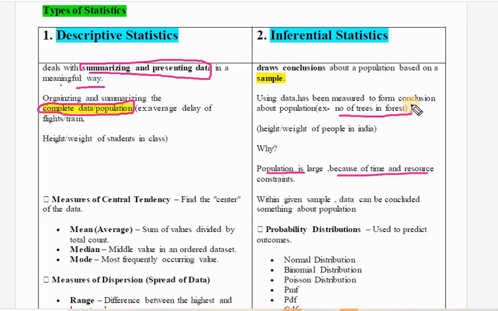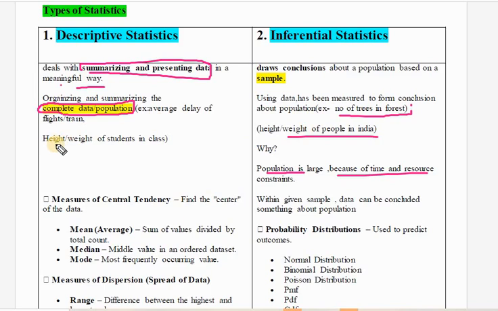Similarly, if you take a small survey for the whole of India, you pick a few people, do the survey, and it is calculated for the whole of India. For example, to check the height and weight of people in India, you cannot check all people, right? So you take a few samples region wise, state wise, district wise, of a few people's height and weight, then conclude what the weight of people in this region is.